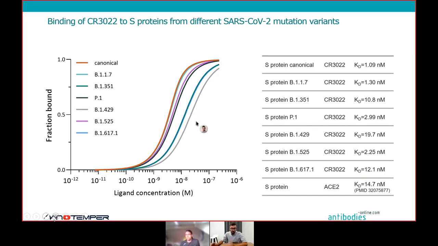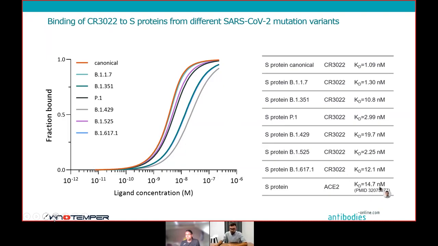All in all, we could observe that this antibody still bound to all seven variants, because a KD of 20 nanomolar, the worst one here, is still a pretty good KD value. So this antibody is perfect to be used in, for example, ELISA or in neutralization assays.